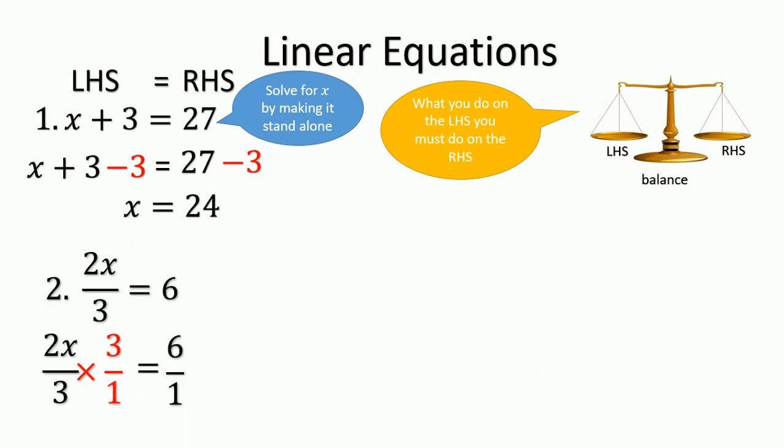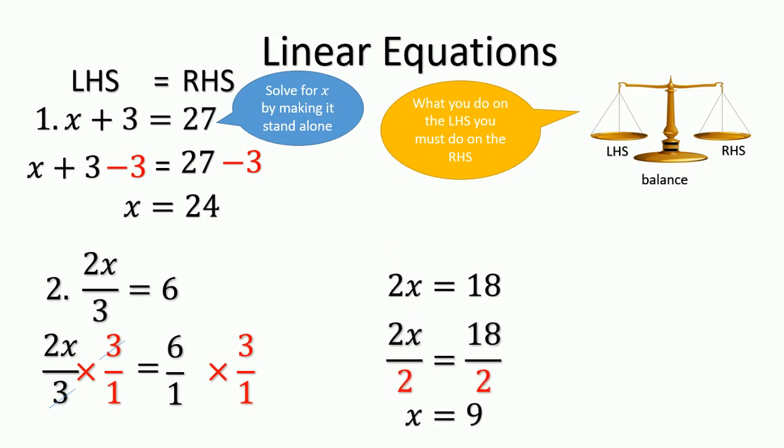So 6 is actually times 3 over 1, so 6 times 3, and when I multiply out the 2 3's will cancel, I'm left with 2x on the one side, and the 6 times the 3 will give me the 18. Now I must get rid of the 2 here, divide by 2 in order to make x appear alone. So I'll divide by 2 on the right hand side, and 18 divided by 2 is equal to 9.